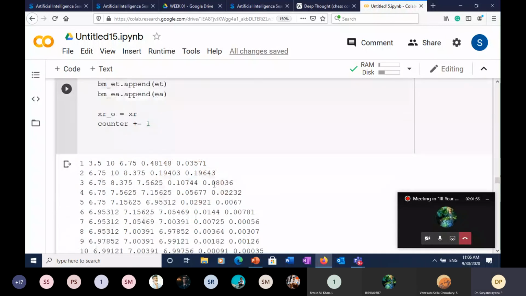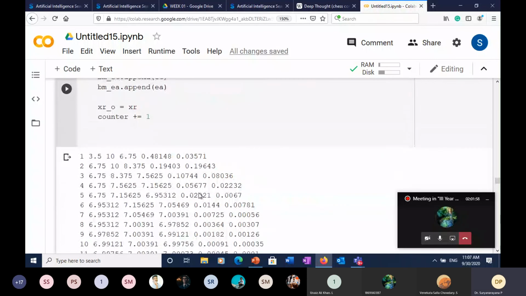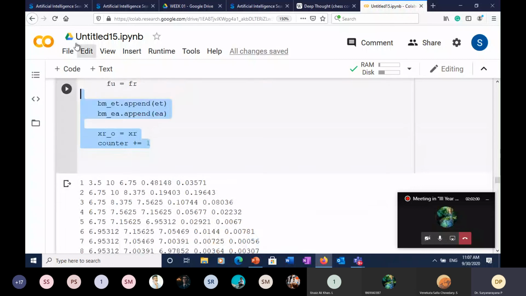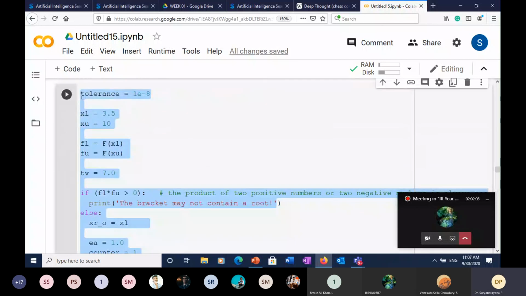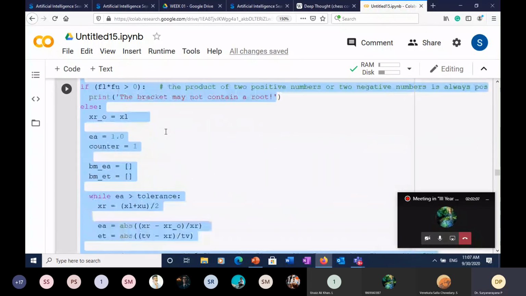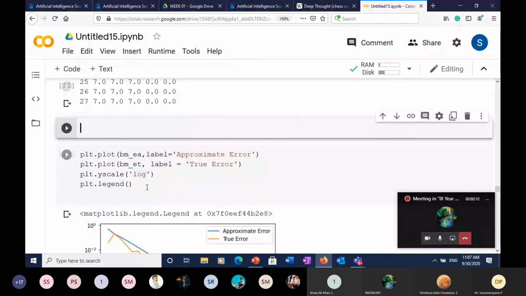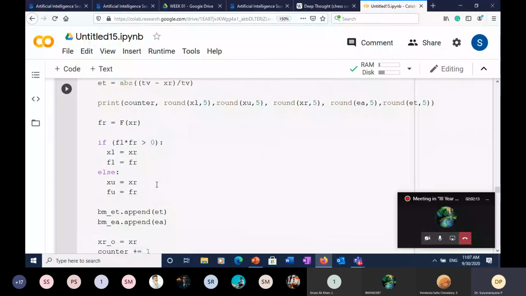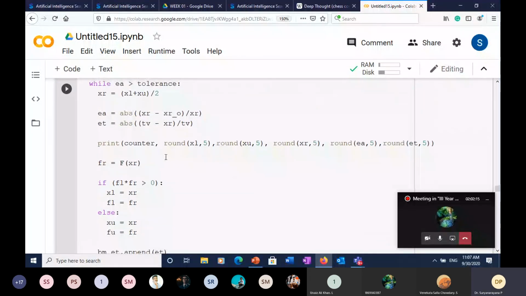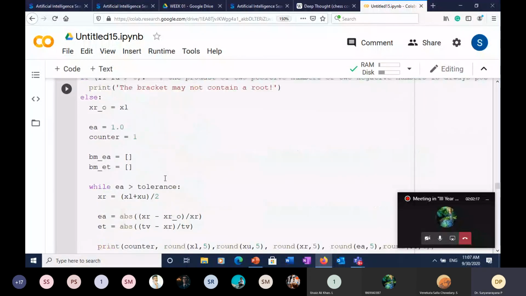Okay, so I'll do one more thing very quickly. I'll copy all of this, and what I do now is, instead of this formula, this is the bisection formula. See the same set of instructions, and this is the bisection formula.